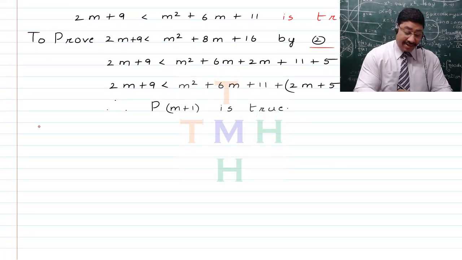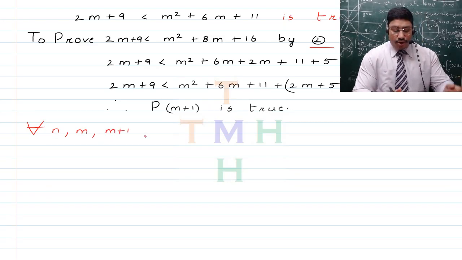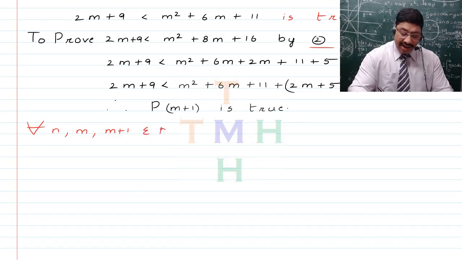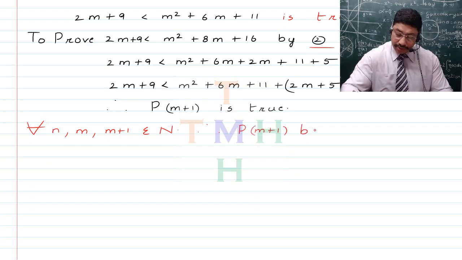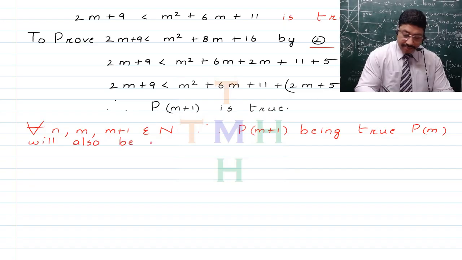Then remember, we've got to write that quintessential statement. You will say that since for every n, m, m plus 1, we'll club it all together, are elements of natural numbers, therefore, PM plus 1 being true, PM will also be true, right?